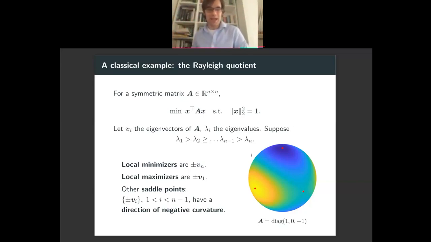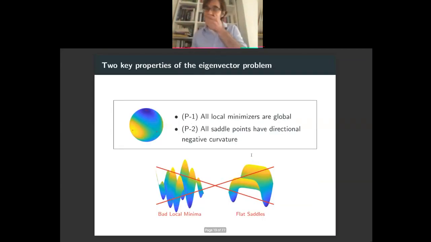And everything else has a direction of negative curvature. So in some sense, in this particular problem, we've avoided our two worst case obstructions that we started the talk with, right? For this problem, you can go home and show that there are no spurious local minimizers, and every saddle point has negative curvature, so you won't get stuck.